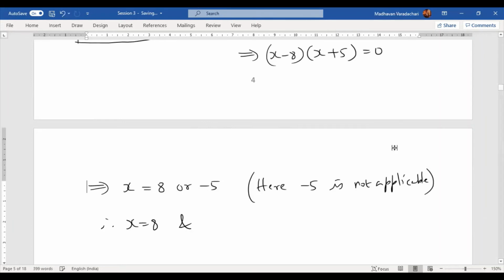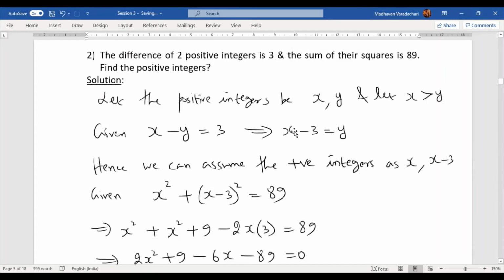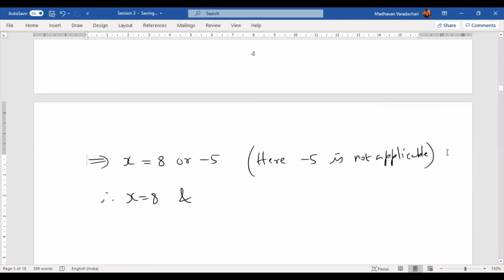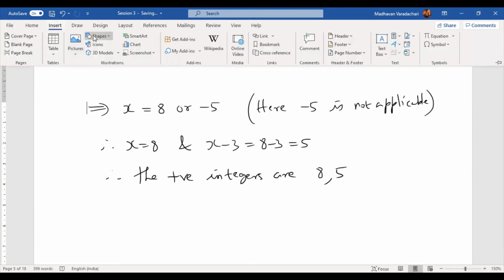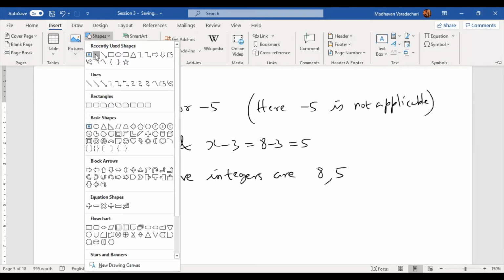And what is the other one? Other one is x minus 3. x minus 3 is 8 minus 3, which is 5. Therefore, the positive integers are 8, 5. That is the solution of this problem.